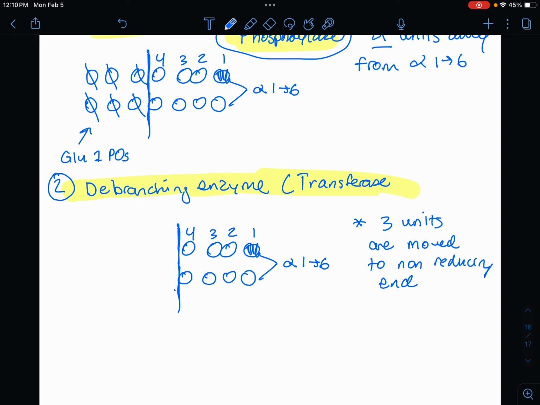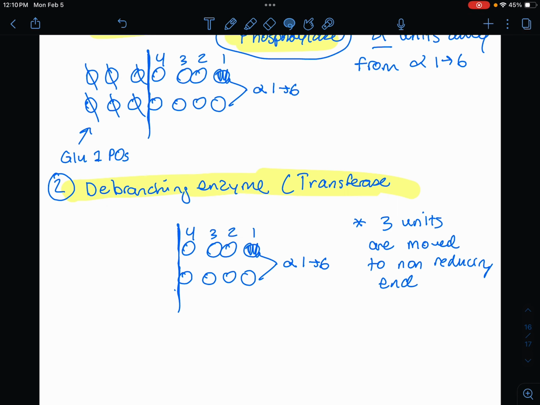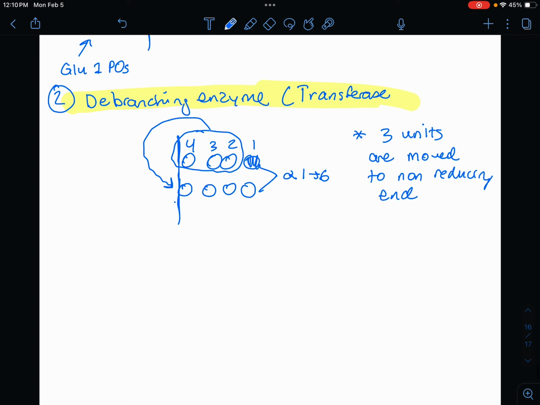All right, so which of these glucose units are the 3 units in question? We're going to actually take those ones I just circled with the moving tool, and we're going to just move them over at the end of that non-reducing branch right there. So again, 3 units are moved to the non-reducing end.